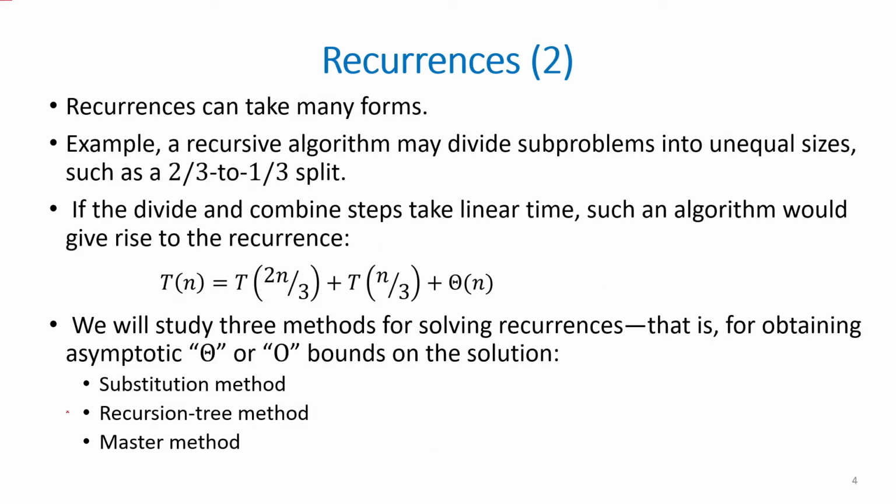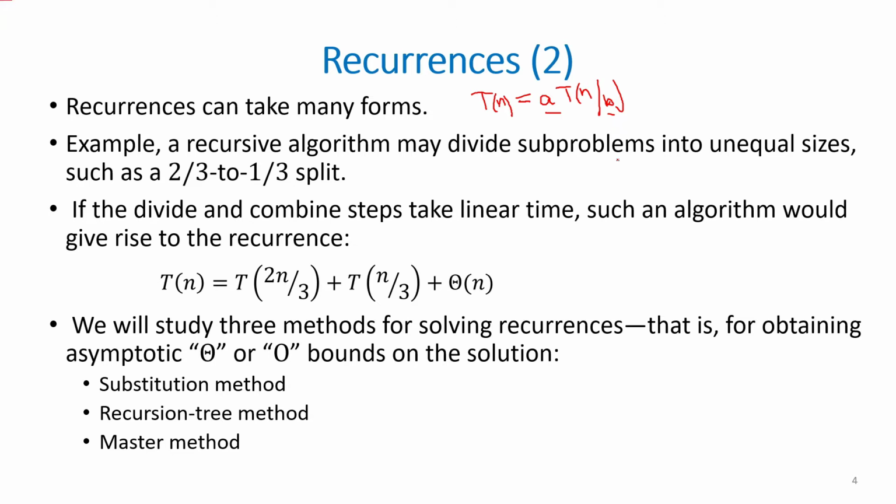The recurrence equation can have many forms. So far, in the merge sort, we have seen a trivial form in which T(n) can be written as a times T(n/b), where a is the number of subproblems that the actual problem is divided into, and b is the size of each subproblem.